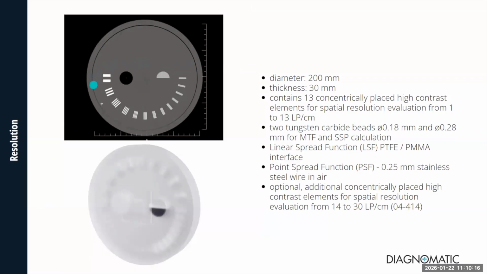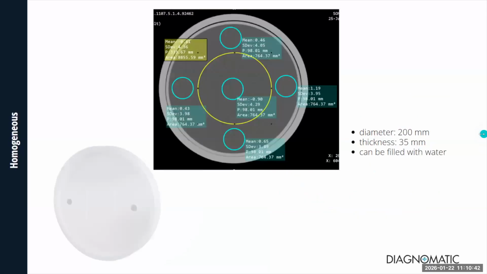Resolution: in the upper picture, we have the standard version, from 1 to 13 line pairs per centimeter. In the optional model, we can add another upper half circle, so we upgrade it from 1 to 30 line pairs per centimeter. The homogeneous model is empty, so it can be filled with water.